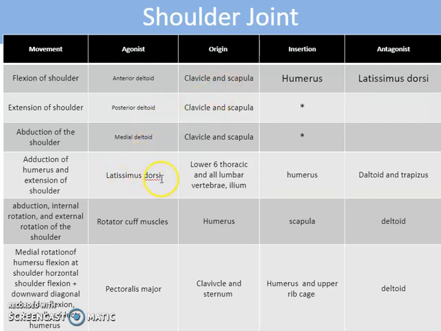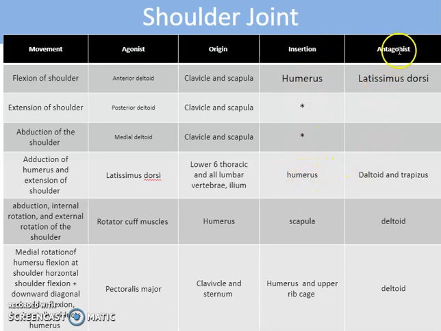The latissimus dorsi is the agonist, with adduction of the humerus and extension of the shoulder. The origin is the lower thorax, all of the lumbar vertebrae, and the ilium, with an insertion on the humerus.